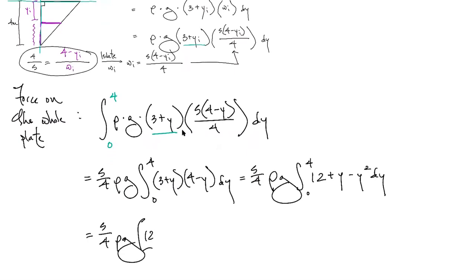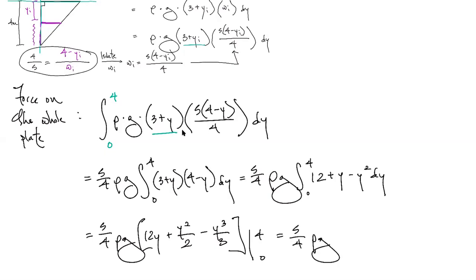And we get 12y plus y squared over 2 minus y cubed over 3. And we're going to plug in 4, and we're going to plug in 0. Okay, now this is nice because I don't have to plug in the 0 because that'll zero out everything. And so we end up with 5/4 rho times gravity. And then once we combine everything on the inside, when we plugged in 4, we'll get 104 over 3.